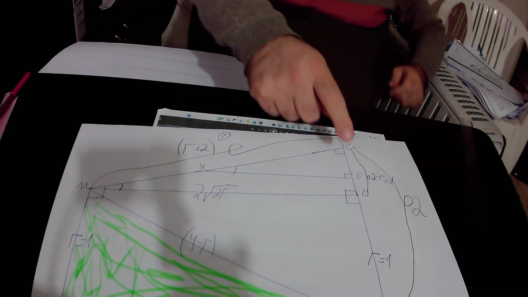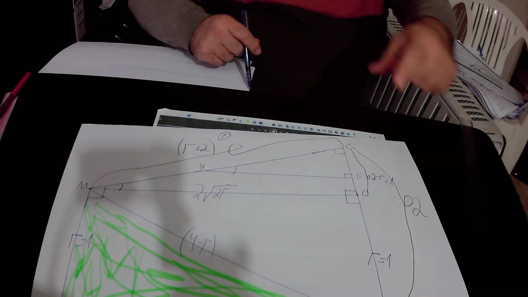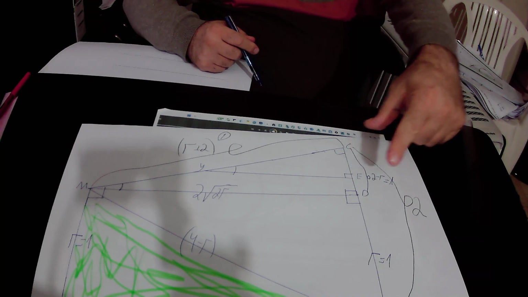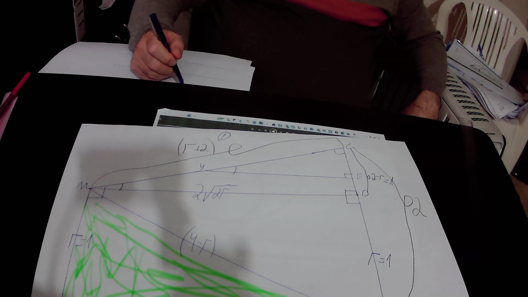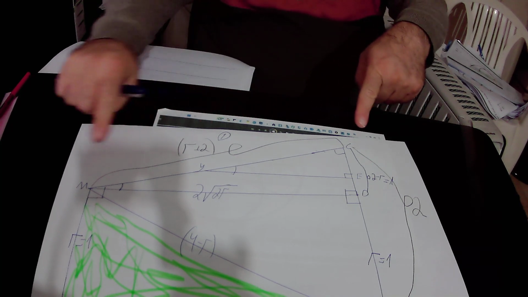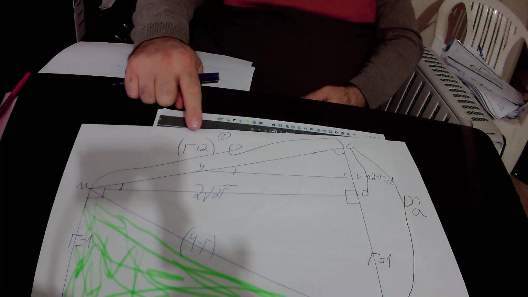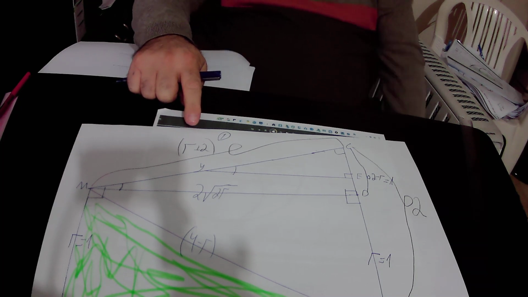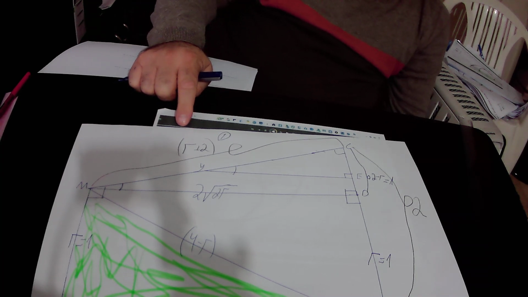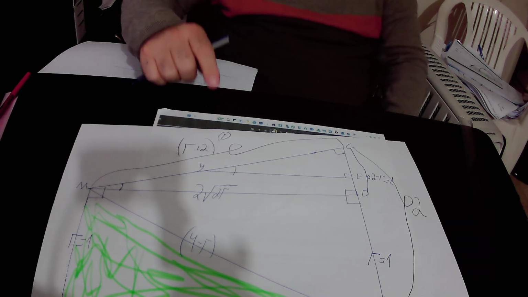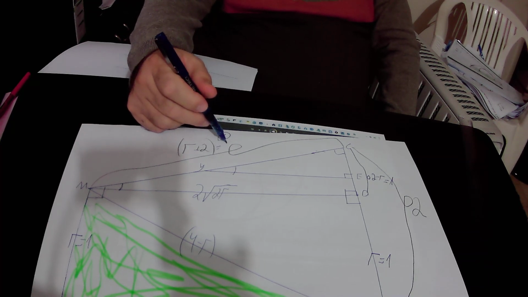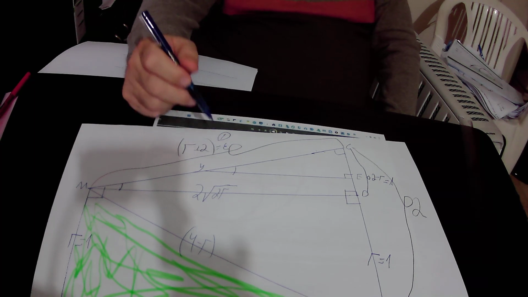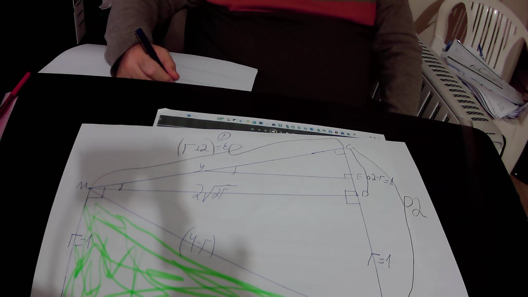CD equals 1 unit, over CM. You can see here that CM equals R plus 2, and we have already found out that R equals 1, therefore CM equals 1 plus 2, that is 3. So CM equals 3 units, so it is 1 over 3.